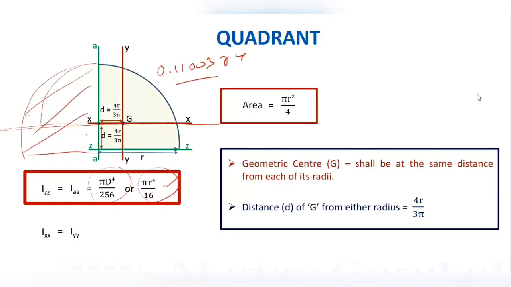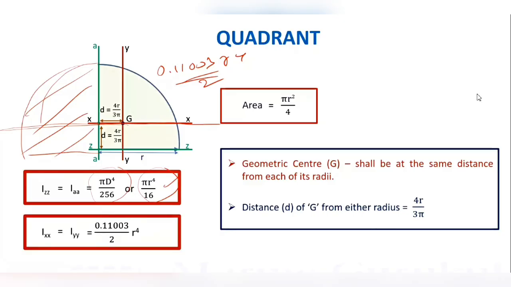Now I have removed half the area. It will become half of it. Don't remember another fraction. Write like this only. 0.11003 by 2 r raised to power 4. So you don't have to create one more fraction to remember. Just make half of what it was for the semicircle. Is that clear, beta? Let me clean the slide and show it to you.